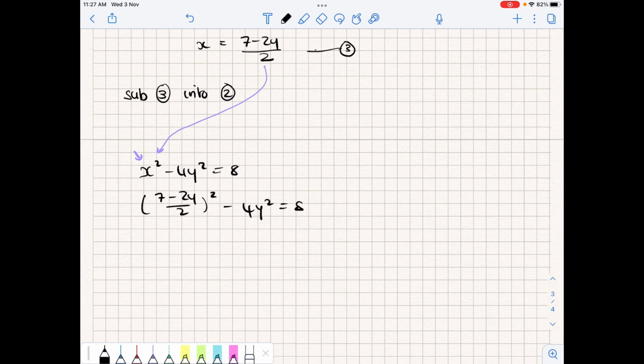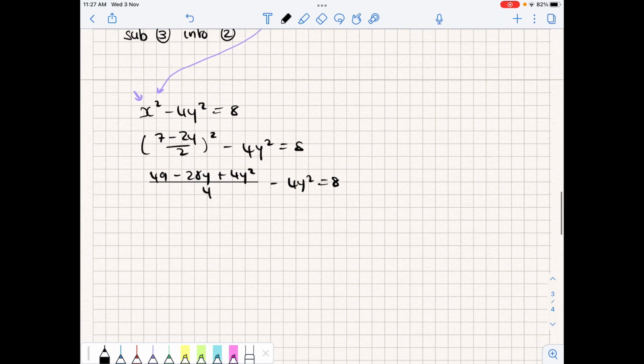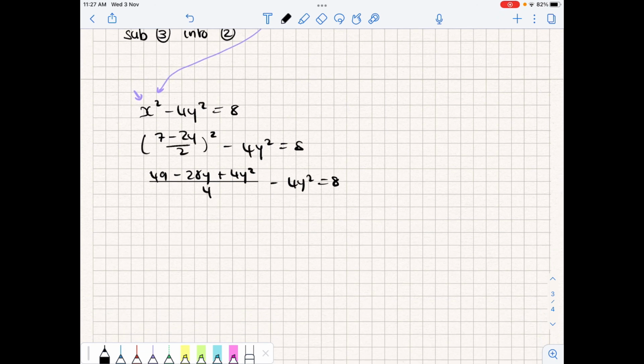So we can expand at the top. We're going to get 49 minus 28y plus 4y squared all over 2 squared, which is 4, minus 4y squared equal to 8. I can eliminate that 4 on the denominator by multiplying the entire equation through by 4.